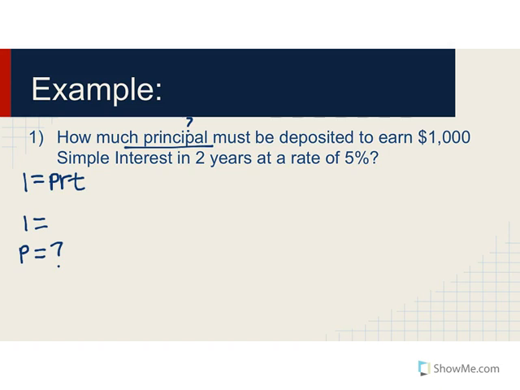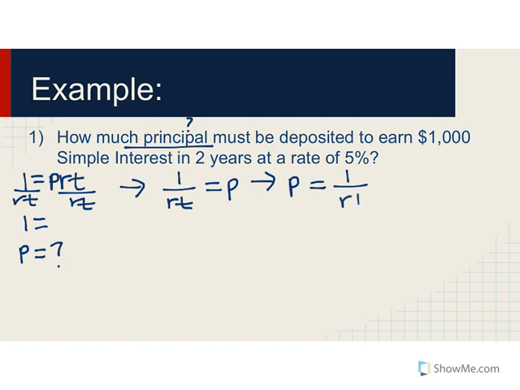P is being multiplied by R and T. So when we go to solve for that, we're going to divide both sides by RT, leaving us with our new formula of I divided by RT equals P. If you like rewriting it so that the variable we're solving for is on the left side, you can go ahead and do so, but it means the same thing. So this is our new formula that we're going to be looking at when we solve for our principal.